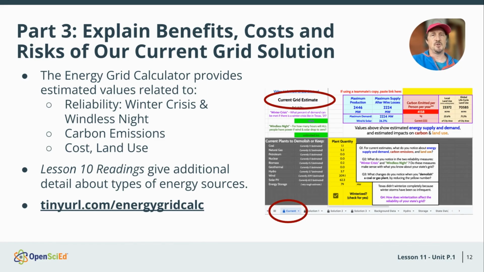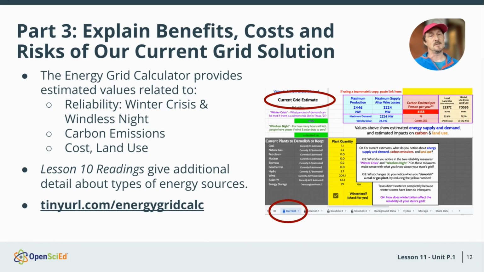The spreadsheet that you see here, the energy grid calculator, is a very powerful tool for estimating the impact that decisions we make about electricity as a society will have. We quantify reliability using 2 numbers.